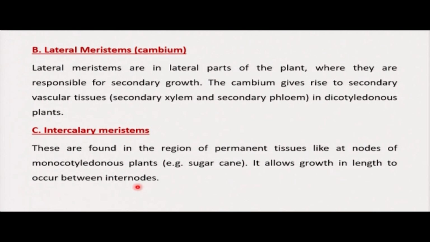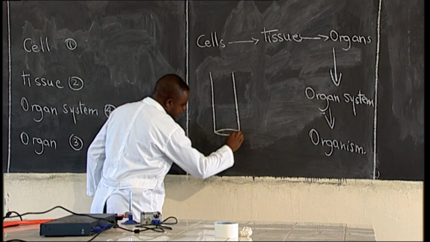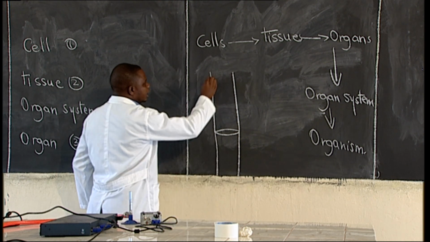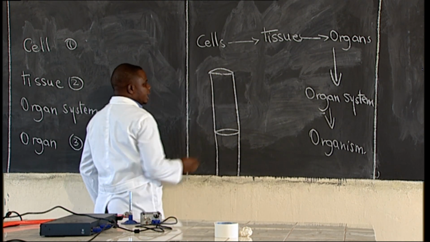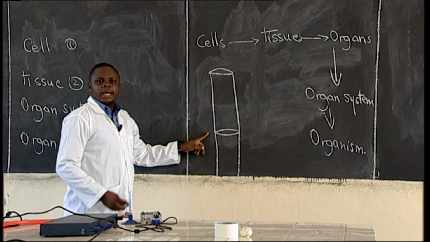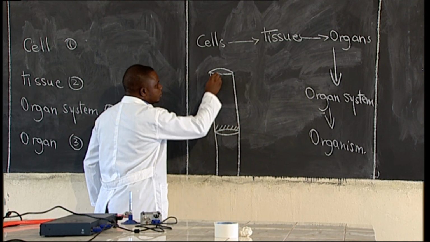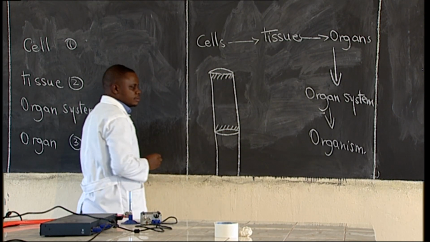Let us say we have our plant here, and then here, this is the internode, this is another internode. Then here, around here, we have what we call intercalary meristems.